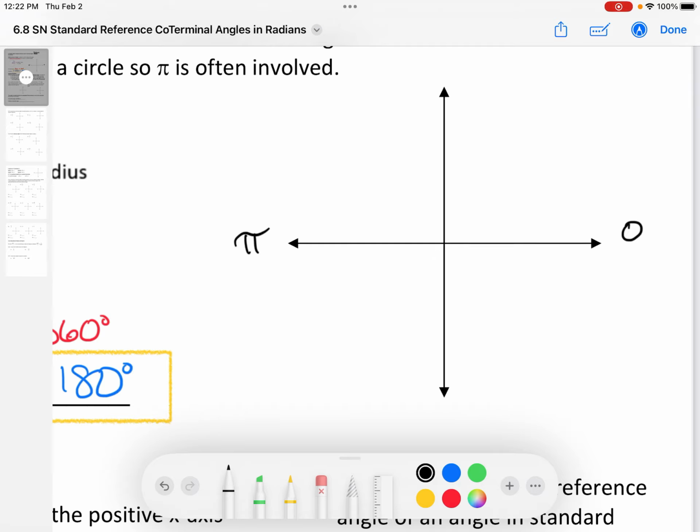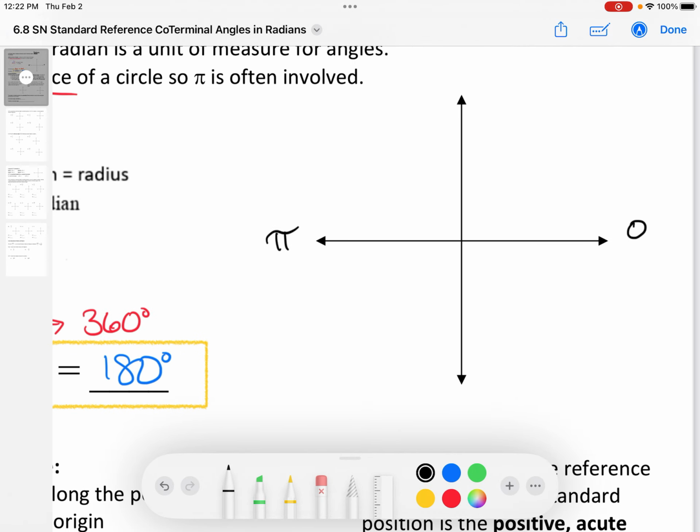Now, we need to go halfway between that. Between 0 and pi, halfway is half of pi. We call that pi over 2. So we have pi over 2, and then we have pi. On the bottom, we would need 1.5 pi's. Mixed numbers don't go, so we call that 3 pi over 2.